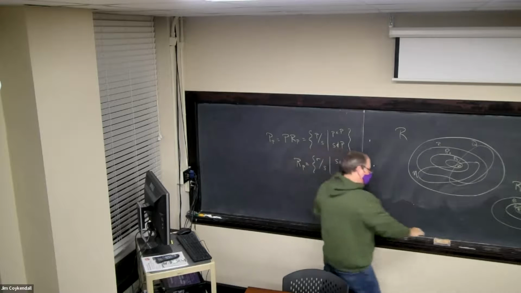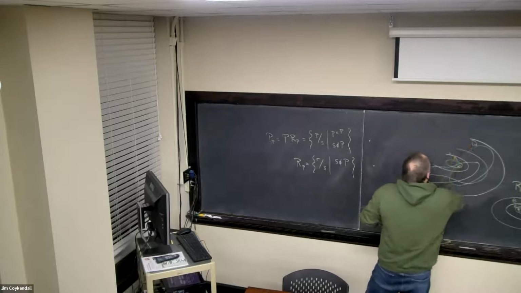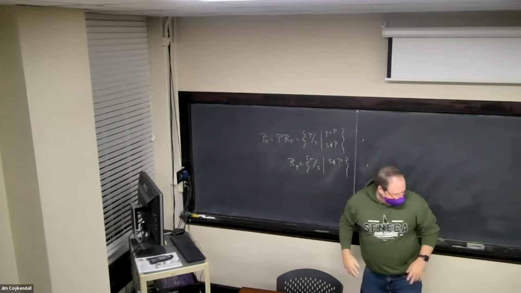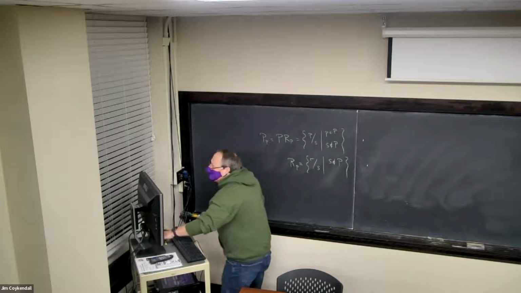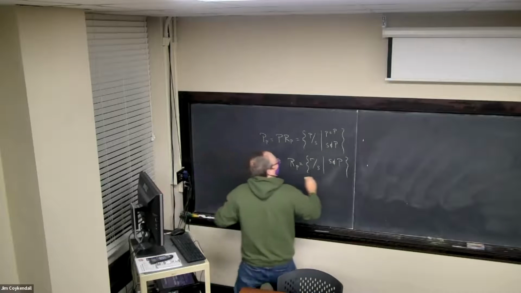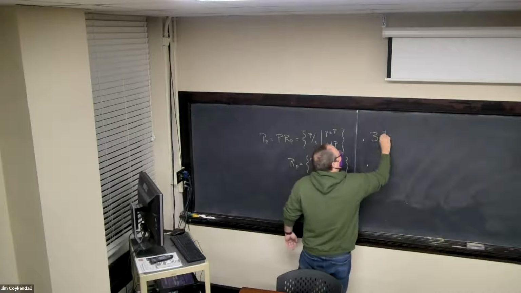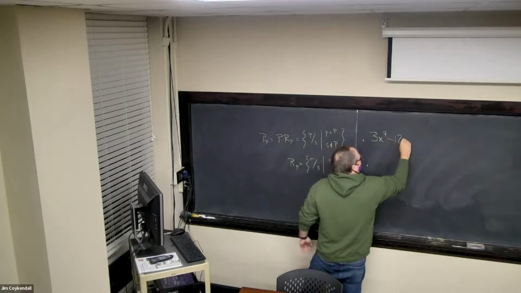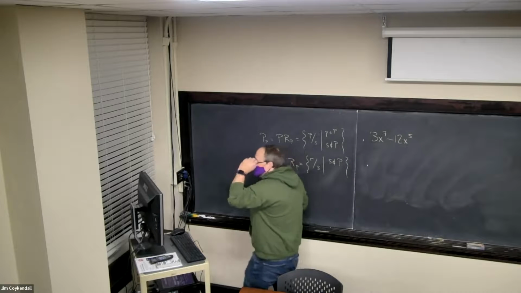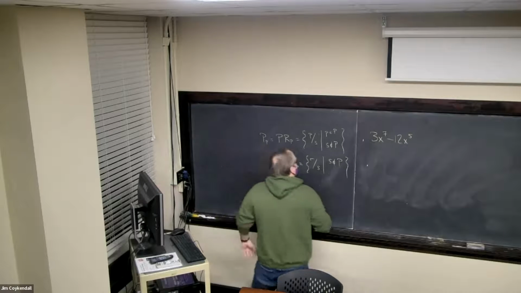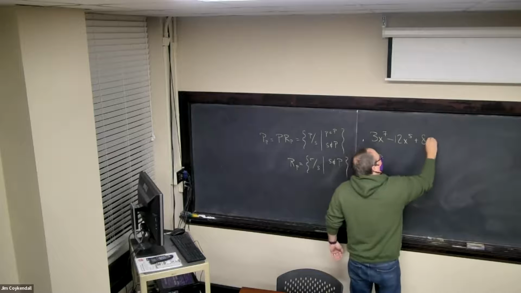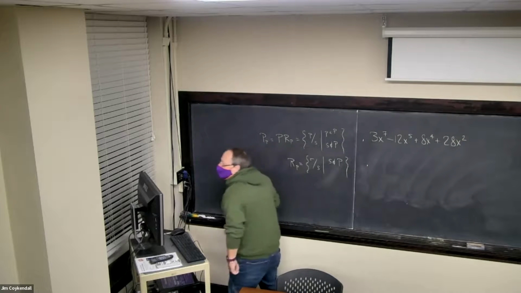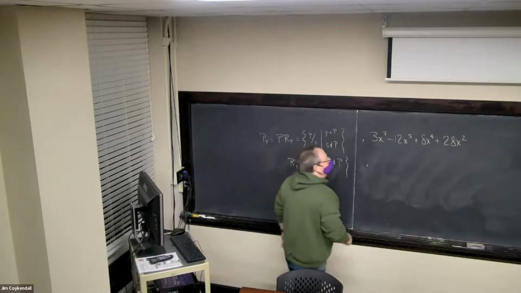So we have a question. Let's see if I can. It's right here: 3x^7 minus 12x^5 plus 8x^4 minus 240x plus 2.